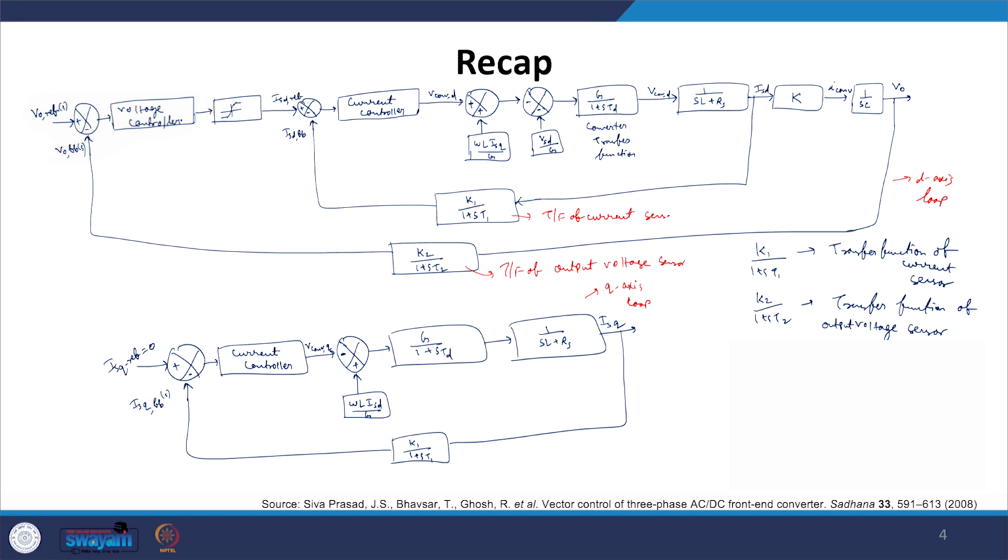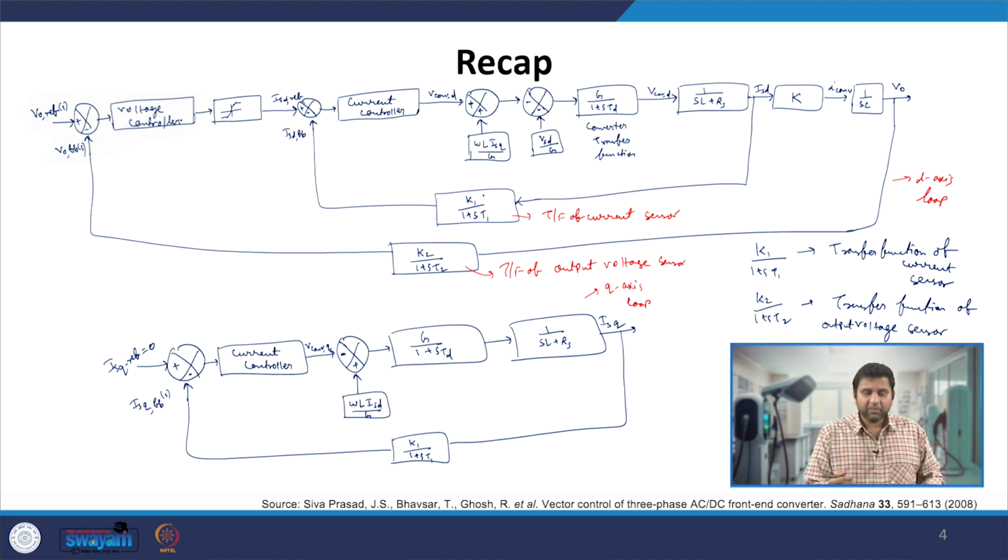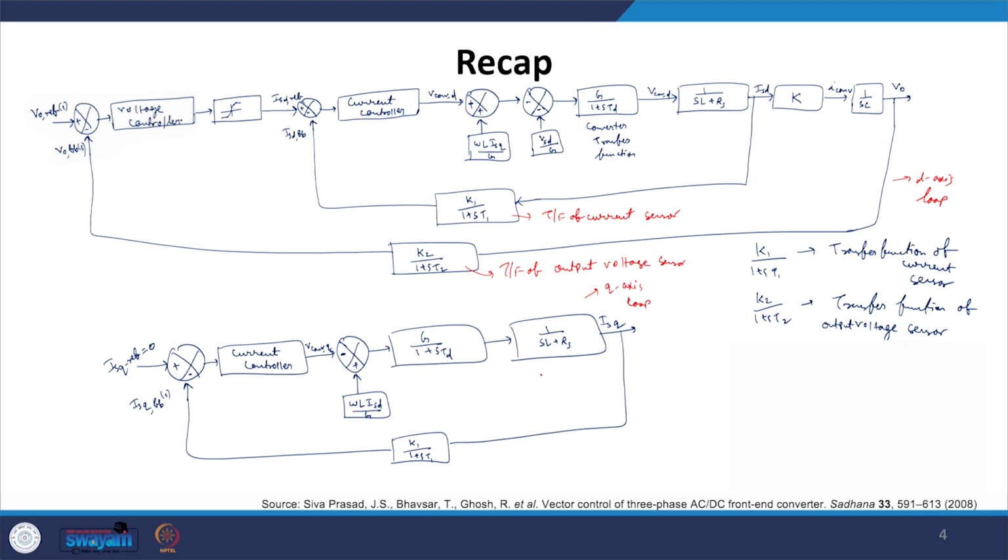We assume that the current sensor has some bandwidth, which means beyond a certain point you will not obtain any gain from the sensor, and we approximated that with a single order transfer function. So we get 1 by ST1 as the pole which is representative of the dynamics of the current sensor.